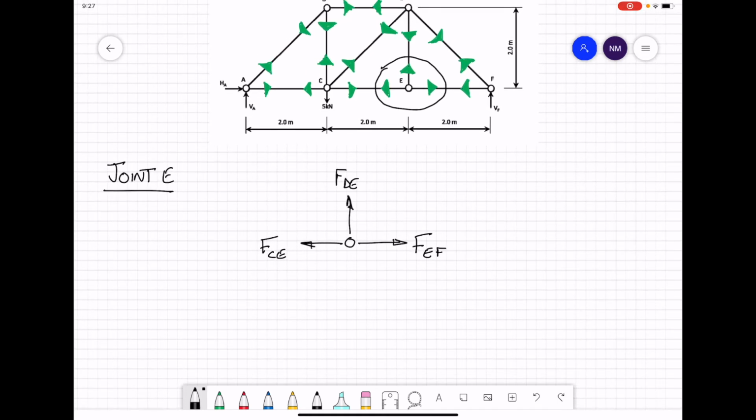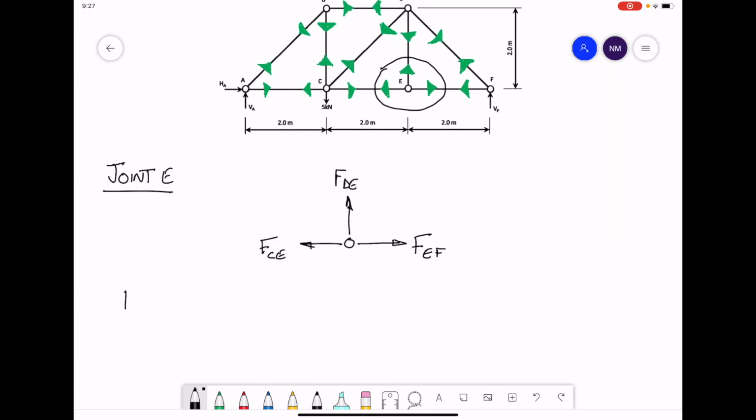Resolving the forces vertically and horizontally. Start with the vertical resolve. Force DE is the only force going upwards, positive. For equilibrium, it must add up to give you 0. Therefore, force DE equals 0.